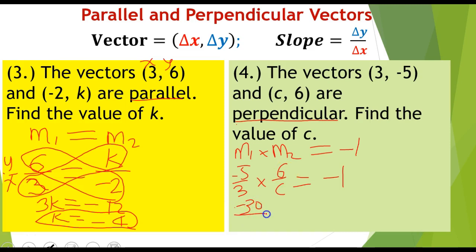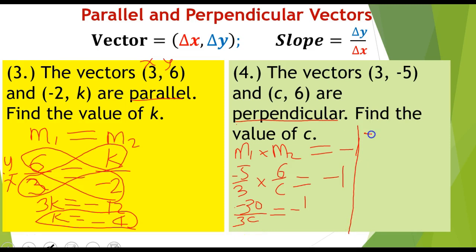Negative 30 over 3 times c is 3c, and is equal to negative 1. And now we can actually simplify this by dividing by 3.